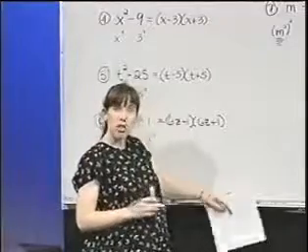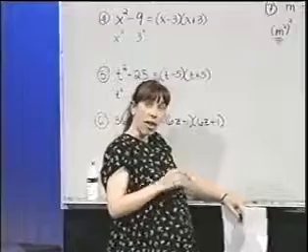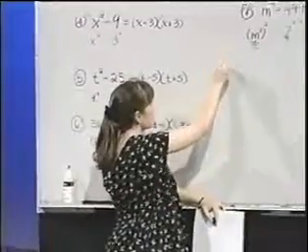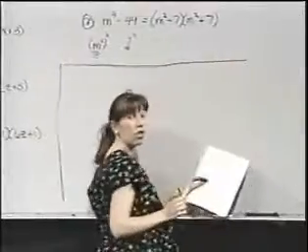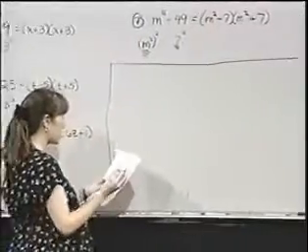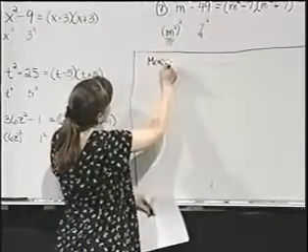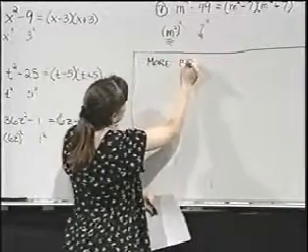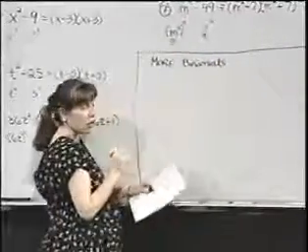There are some more special binomials that can be factored, and they are factored with special formulas. So let's take a look at the first type of polynomial that can be factored. So these are more binomials, but these are not squares. These are going to involve cubes.